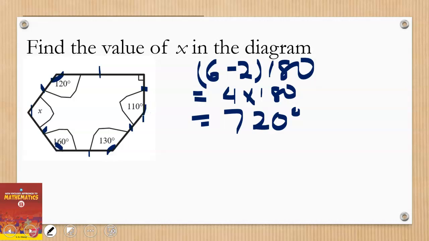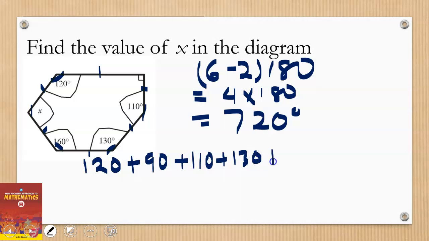So we can create an equation: 120 plus 90 plus 110, we are trying to add all the interior angles, plus 130 plus 160 plus the x that we are supposed to search for, all should give us 720. Now we can do simple addition. Let's add 120 plus 90 plus 110 plus 130 plus 160.